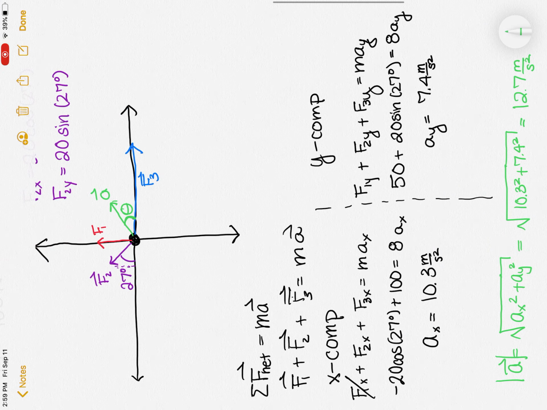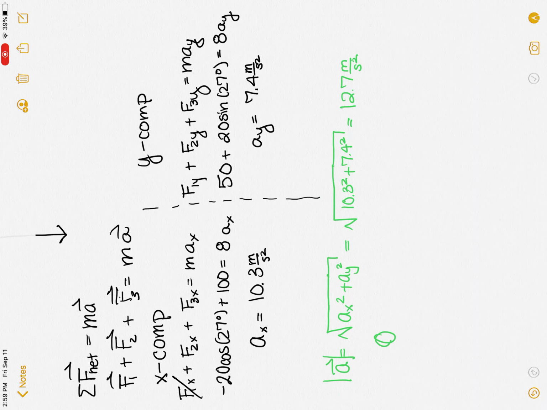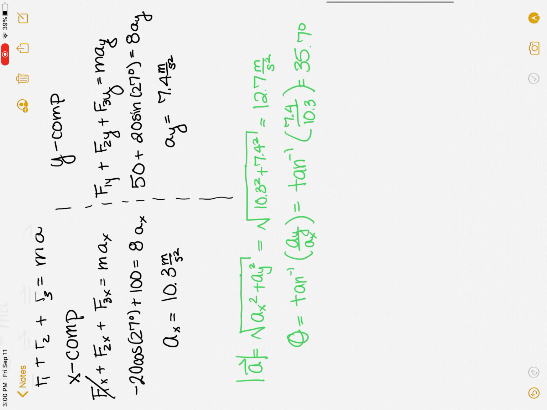And then I can find that angle theta because I have ay and ax, so I can use the inverse tangent. So then I have theta is equal to the inverse tangent of ay divided by ax. So that's going to be the inverse tangent, or arc tangent is the equivalent, of 7.4 divided by 10.3, and so that is going to be equal to 35.7 degrees.